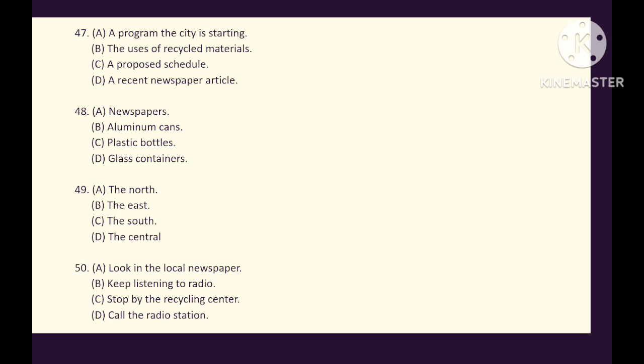Number 49. In which part of town are recyclables picked up on Friday? Number 50. To get more information, what does the speaker suggest?